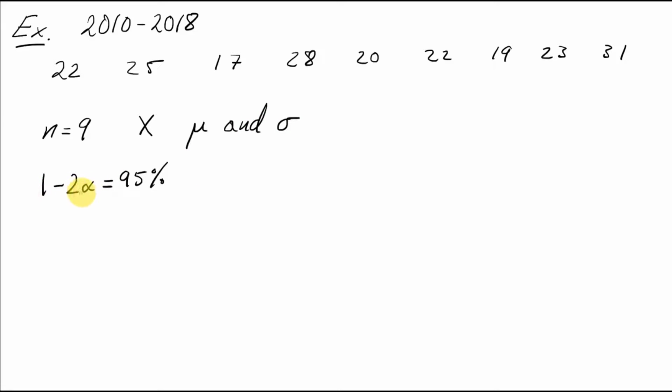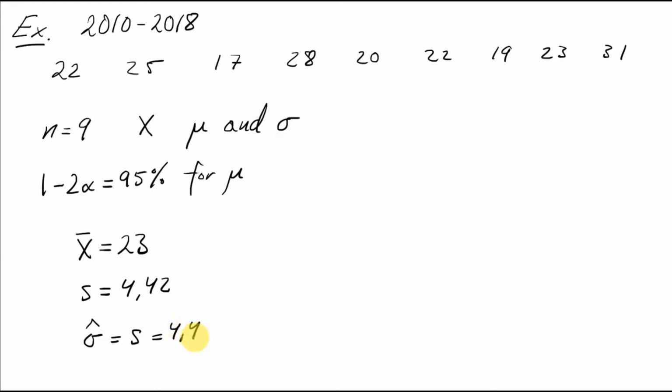We want to find the confidence interval with 95% probability for the expectation value. If you calculate the mean for this dataset, you will get 23 lightning strikes on average, and a standard deviation of 4.42. So that means that we estimate the unknown standard deviation with s equal to 4.42.